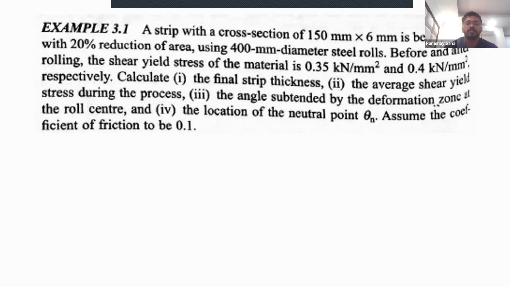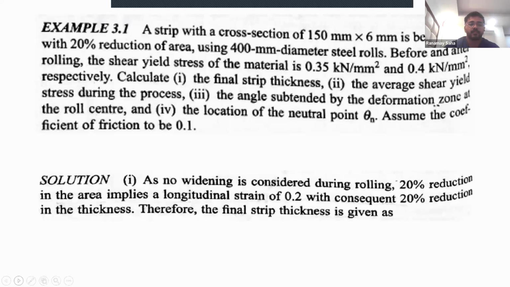Okay, so let's look at the solution. Rather, let's discuss the solution. It says that there is no widening considered, because in case of rolling, the widening or spread of the material is considered to not change during the operation.